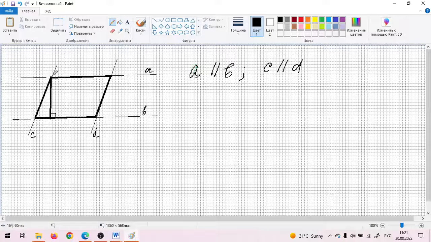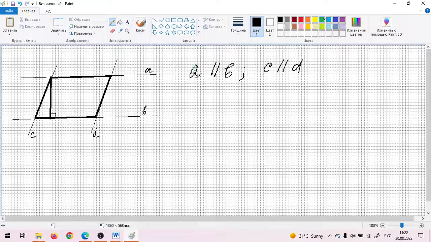So the perpendicular from the top point of the angle to the opposite side is the height of a parallelogram. I may say that height is the perpendicular from any point of the line containing the side of a parallelogram to the line containing the opposite side.